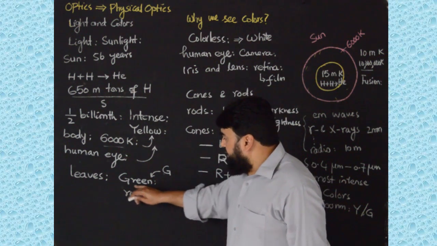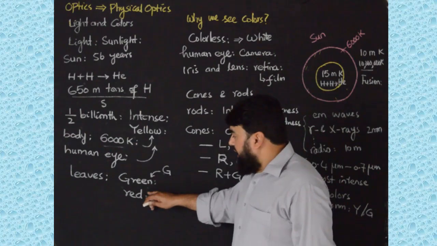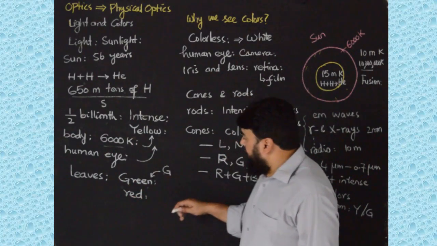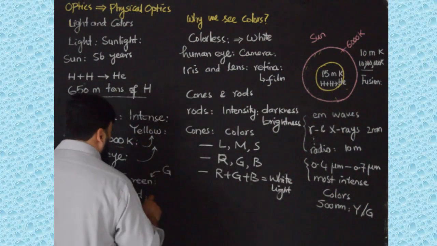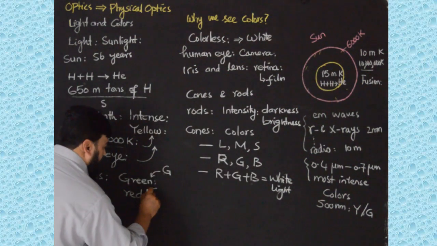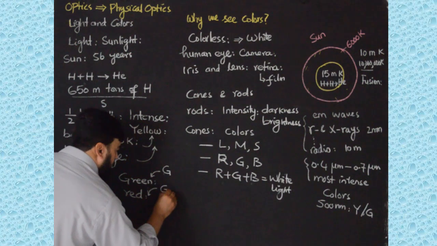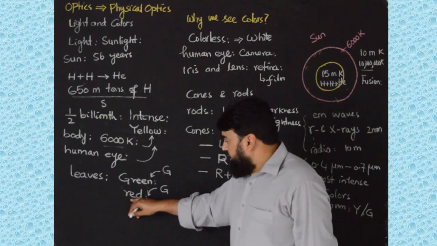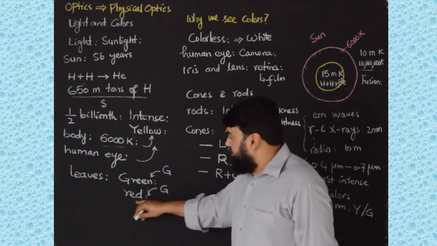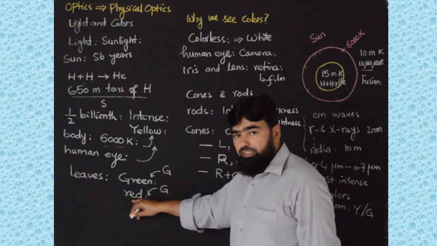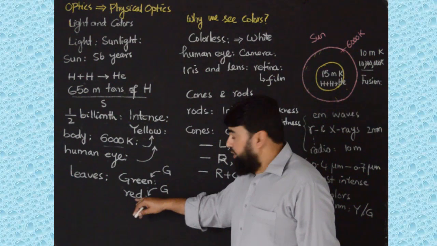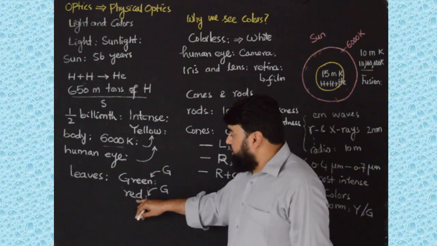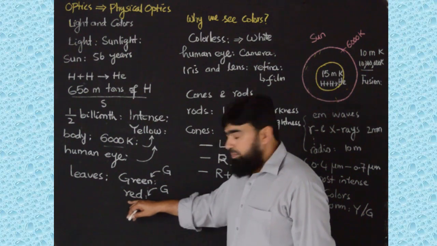Similarly, if I shine red on red, I will see bright red. And if I shine green on red, then I will see this red not as red but as black, because it will absorb this color totally, and I will see only black.